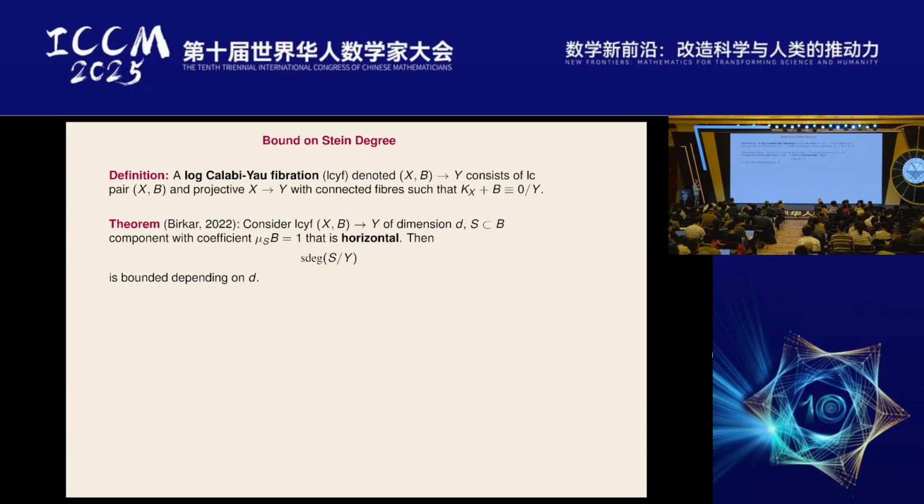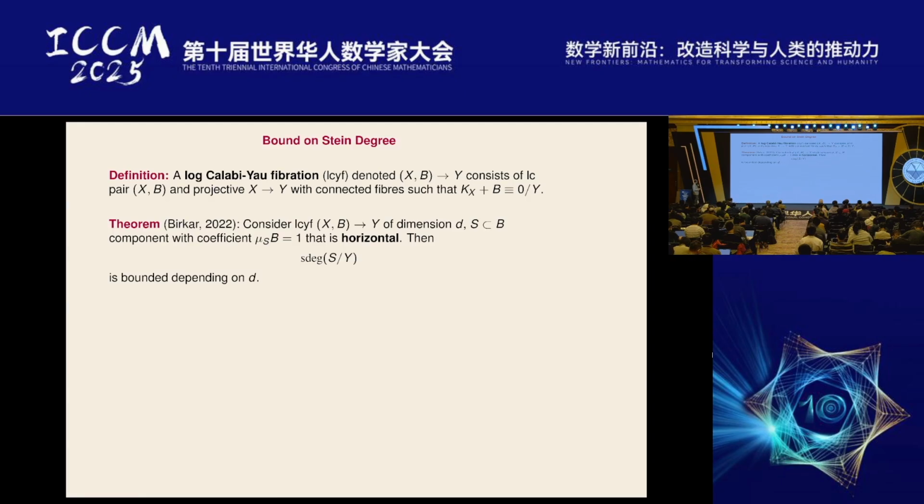This means you have a pair (X, B) over a base Y, and you have the Calabi-Yau condition in the sense that K plus B is numerically trivial over the base. So if you just have X a usual Calabi-Yau manifold and Y is a point, then that would be one example. But here we are allowing fibrations, we are allowing boundary divisors, so you get a huge range of possibilities, including, as I said, all the Fano fibrations.